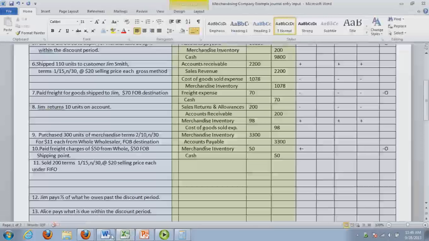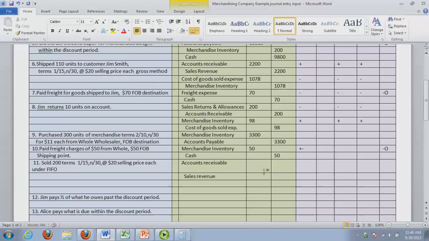So let's go back. Once again, we made a sale: 200 units, and we're going to again use first in, first out. So we're going to sell the costs of the older units. We're going to use that first. When we did this before, we had accounts receivable and sales between you and the customer.